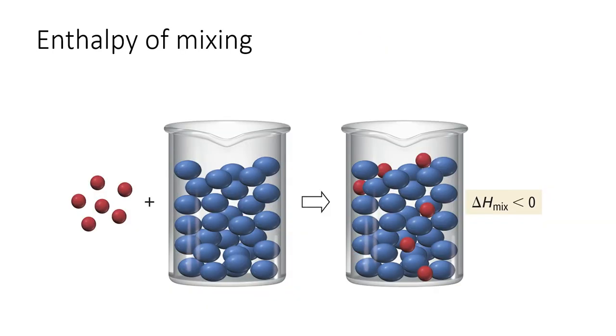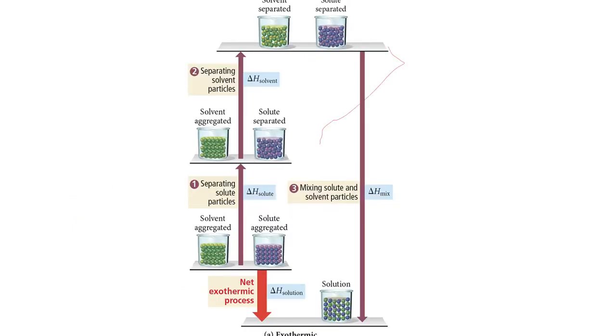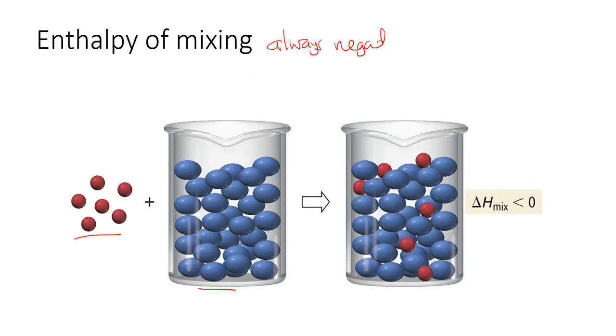Then we have a third enthalpy. After you bring this further apart and also you bring these further apart, now we need these particles to get into these spaces like we see here so that we have a solution. Now this process is negative.